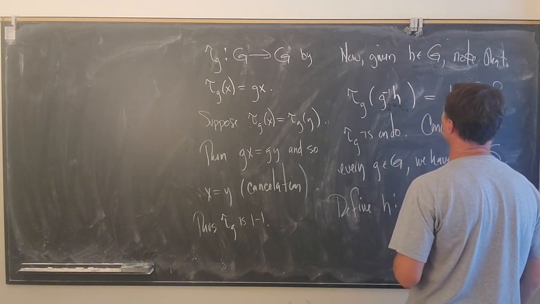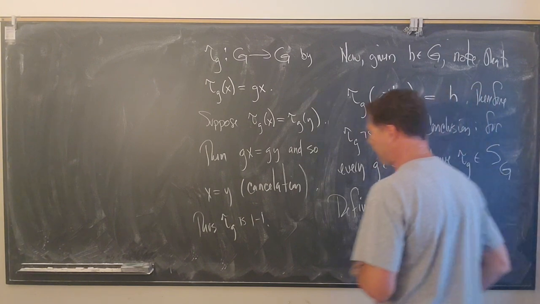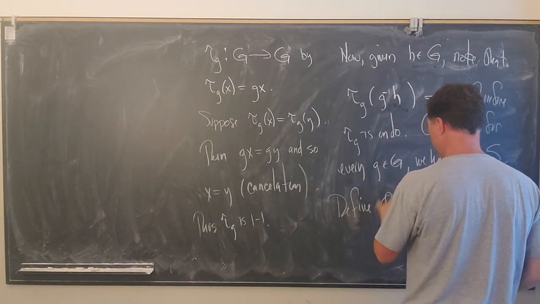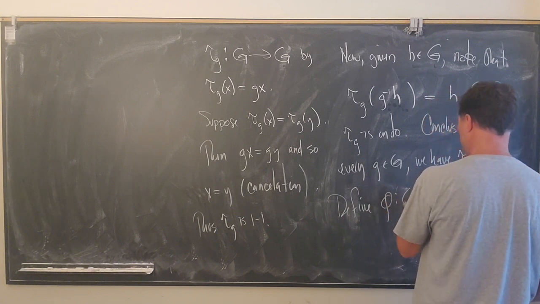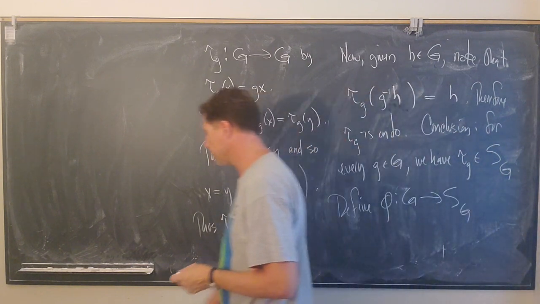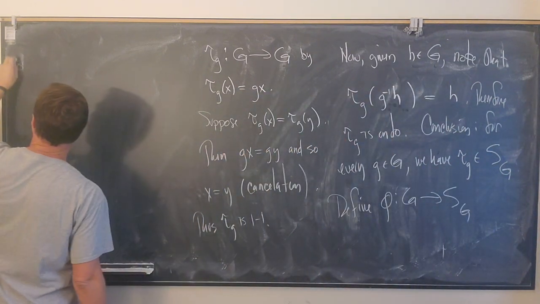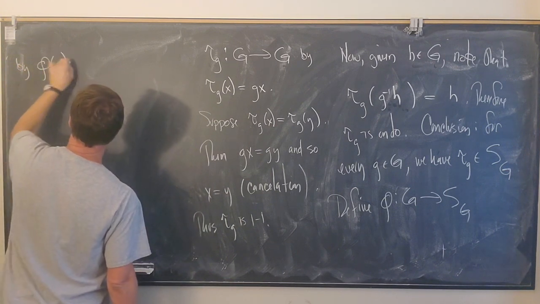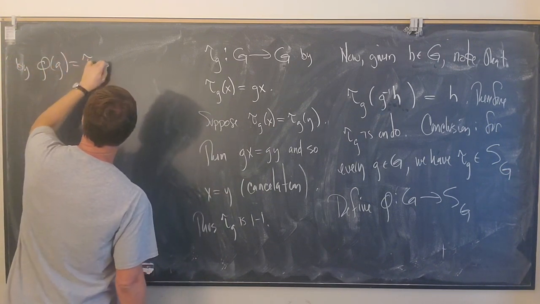Oh, I shouldn't have used little h. Let's use phi now, since I used h in the proof already. So let's define phi from little g to S sub G, the group of permutations of G, by phi of little g is equal to tau sub g.